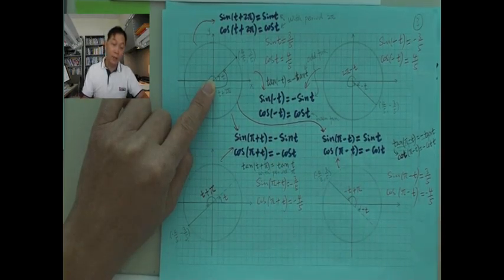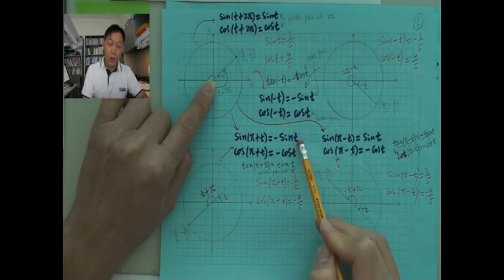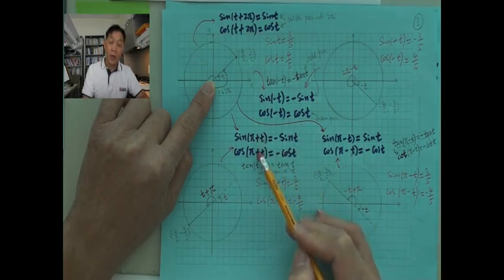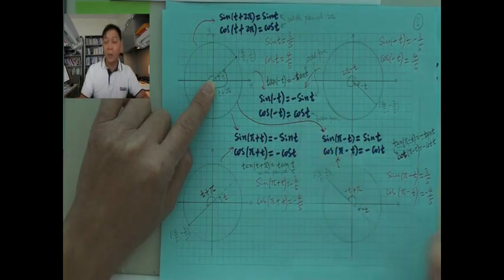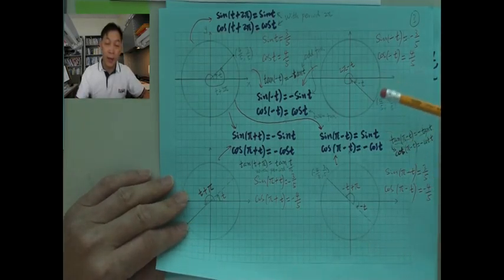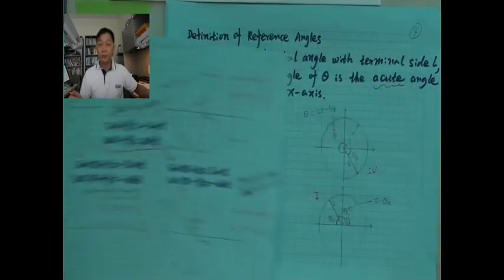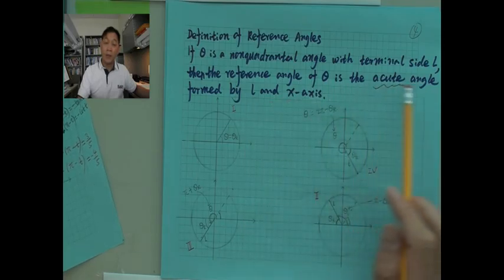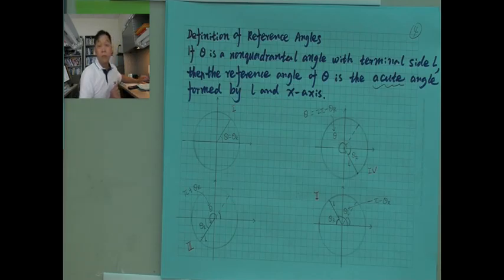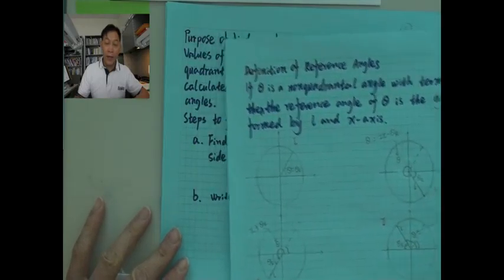The reason is that we want to use the values of the trigonometric functions for the acute angle to calculate the values for non-acute angles. That's the purpose. So step 1 is that we need to find the acute angle first, and that acute angle is called the reference angle. Then we apply our formula. That's the main purpose.